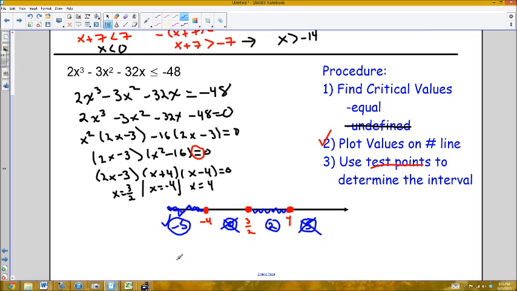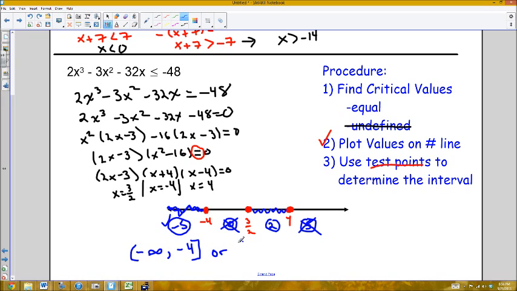So all of the values that are solutions to this equation are everything from -infinity up to and including -4. So when I'm including a value, that's a closed bracket.